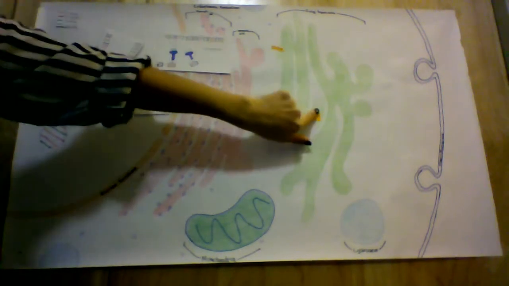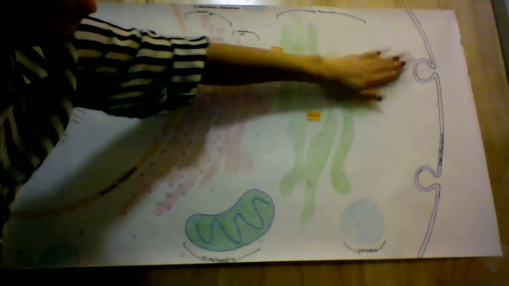And then as the protein goes through the cisternae, it will come out of the trans phase, which is this side of the Golgi apparatus, and they will exit through secreting vesicles in the plasma membrane.